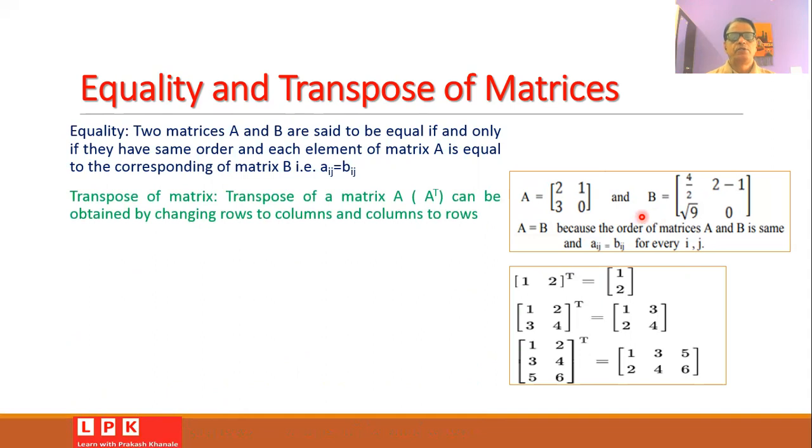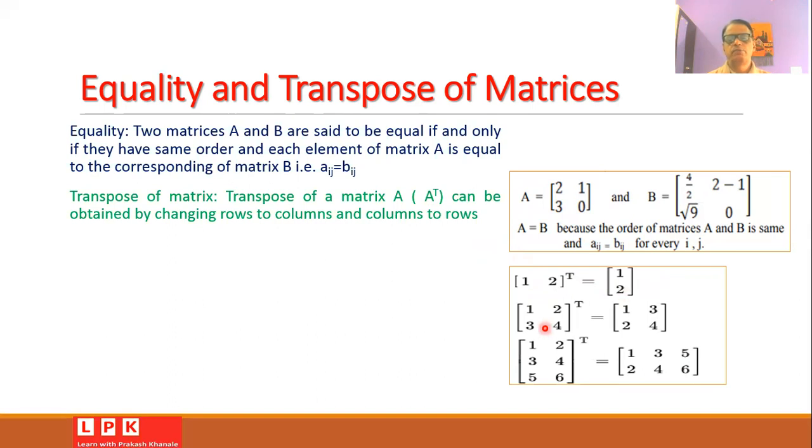There is another operation called the transpose operation. The transpose of a matrix can be obtained by changing the rows to columns and columns to rows. Normally, whenever we write the transpose of a matrix, it is written as A with T as a superscript. For example, if we are given a matrix consisting of one row with elements 1, 2, then its transpose is a column matrix consisting of one column of elements 1, 2.